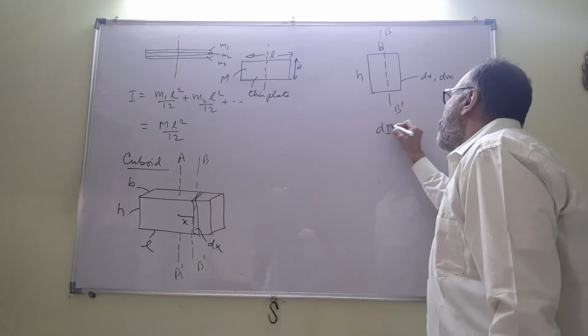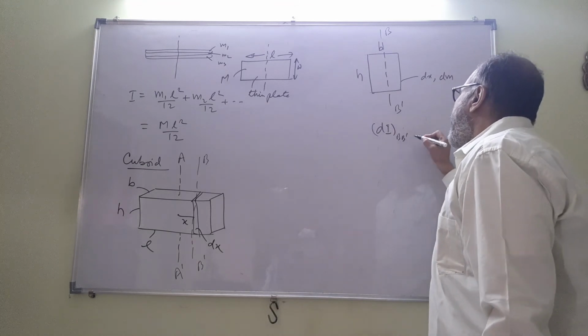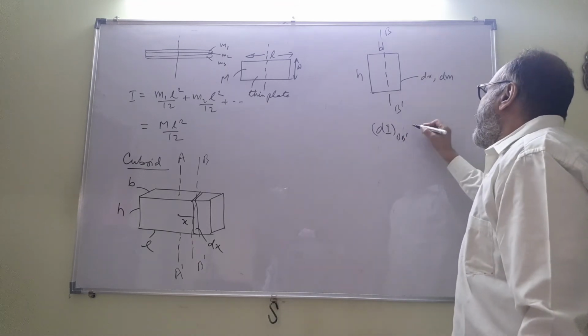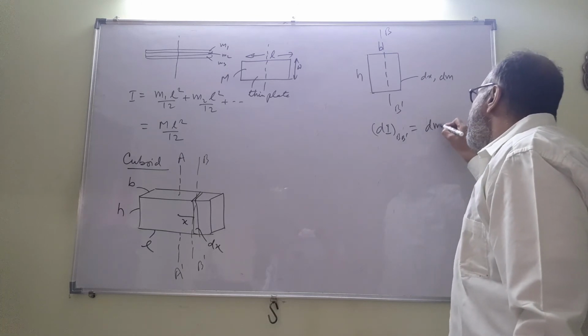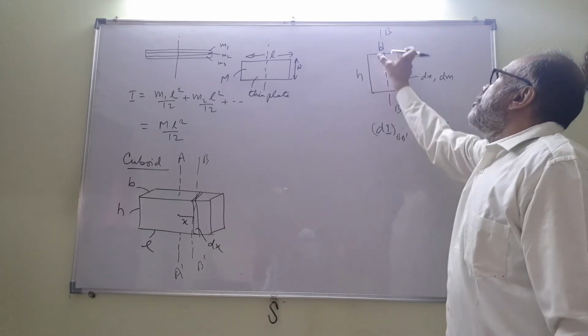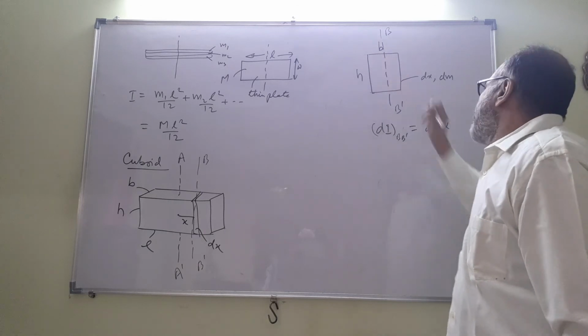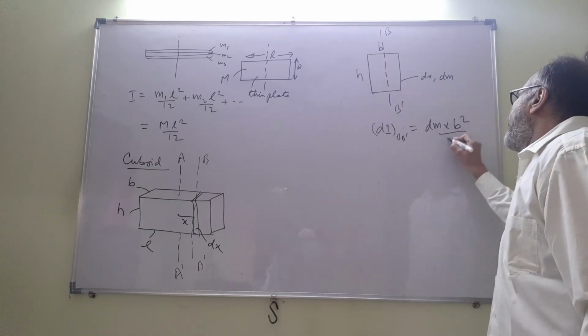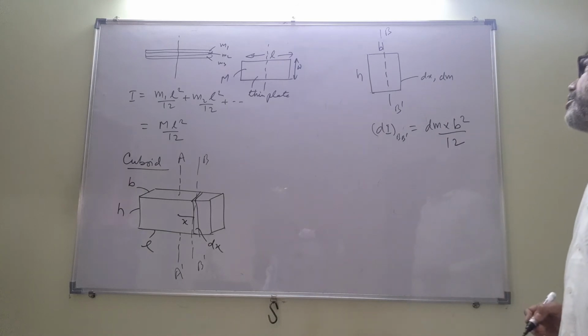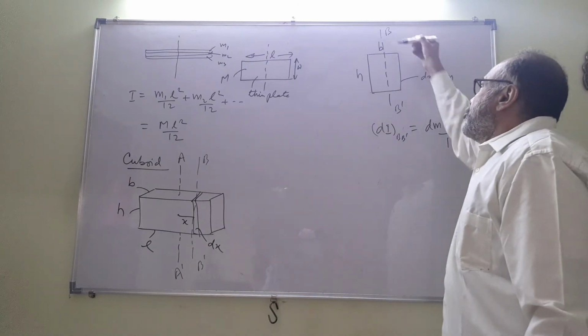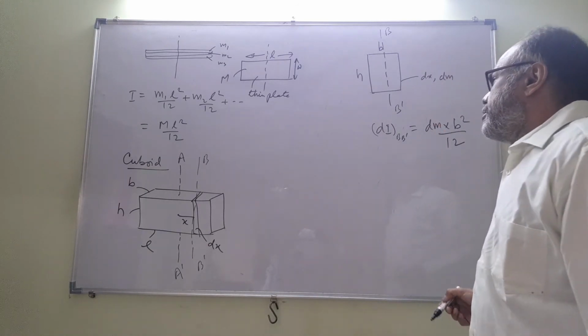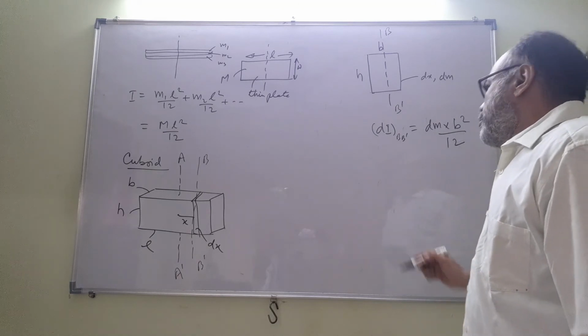The moment of inertia of this about the axis BB dash would simply be dm into the length b squared by 12. That would be the moment of inertia about BB dash. We saw this result earlier.